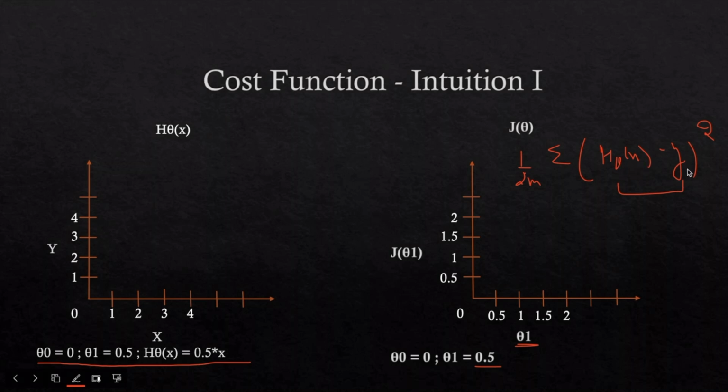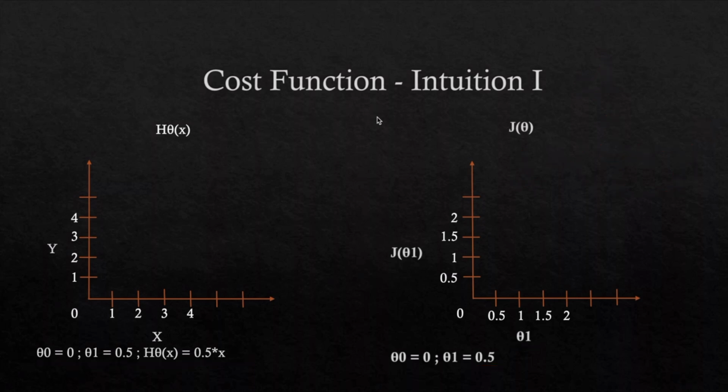Now what are we going to do? Its value is theta 1 multiplied by x. So we have theta 1 equals 0.5, then we have to choose x, and then the corresponding y. So let's take x equals 1, then what will we get?